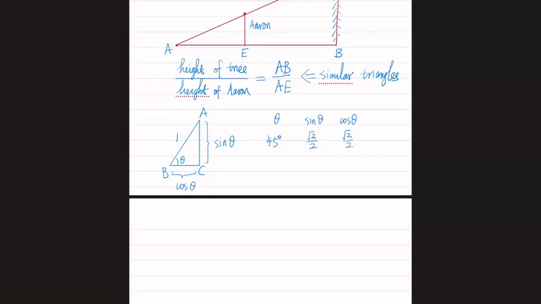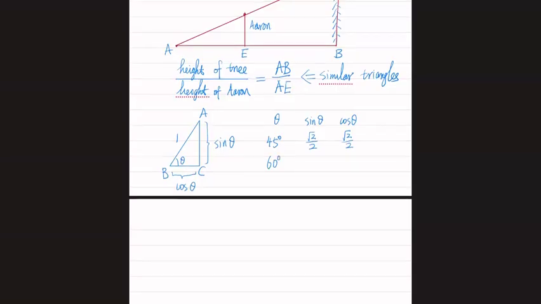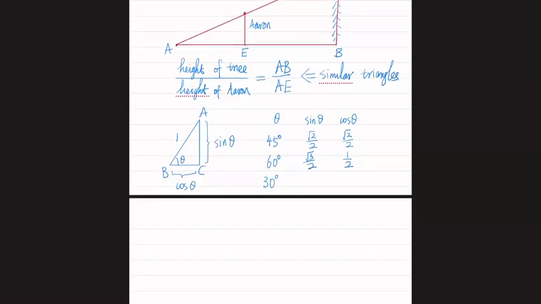If this is 60 degrees, square root 3 over 2 and 1/2. Now, if this is 30 degrees, what happens? They swap, because if one angle is 30, the other will be 60. We swap the two.